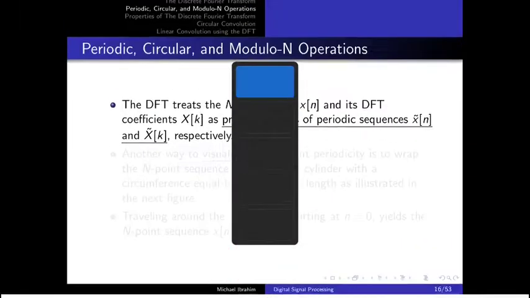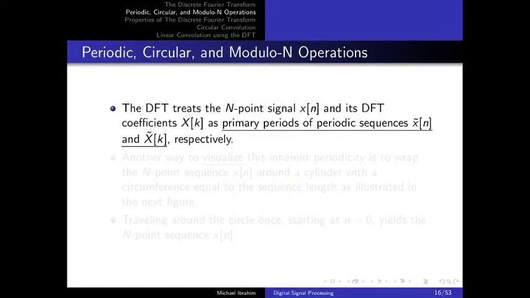So let's read this statement one more time. A DFT treats the N-point signal x of n and its DFT coefficients x of k as primary periods of periodic sequences x tilde of n and x tilde of k. Therefore, in order to apply the properties correctly in the DFT, we need to consider this fact.